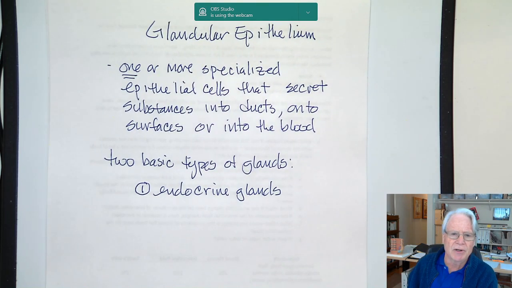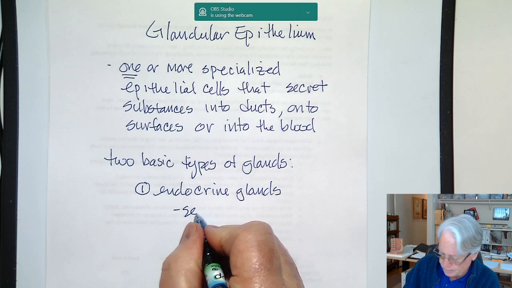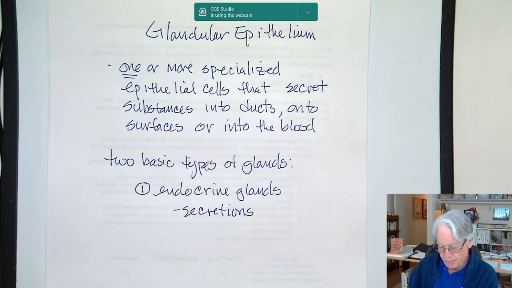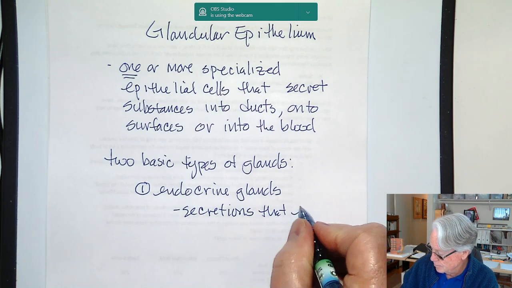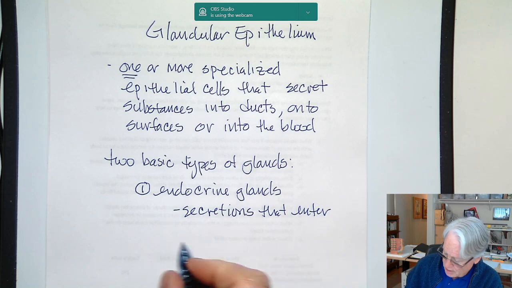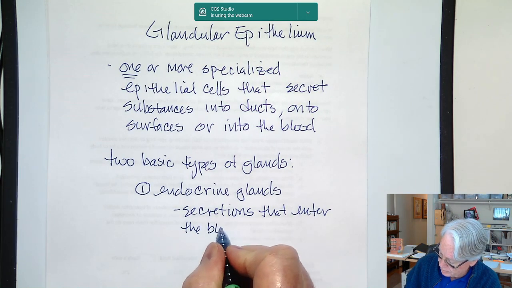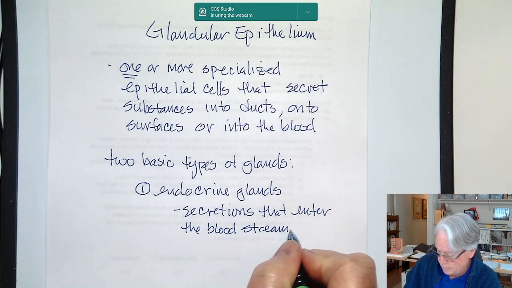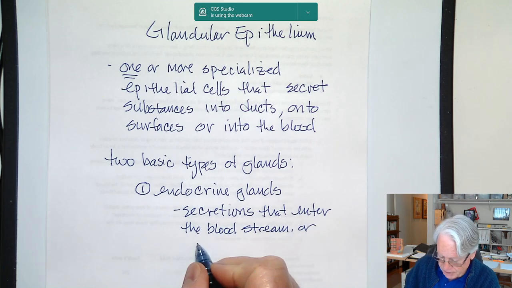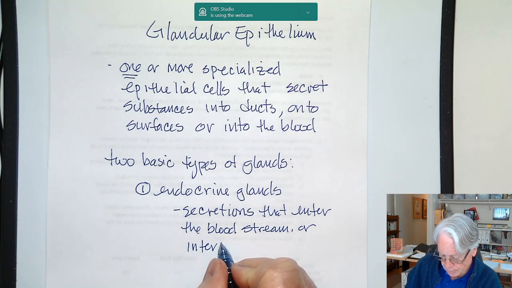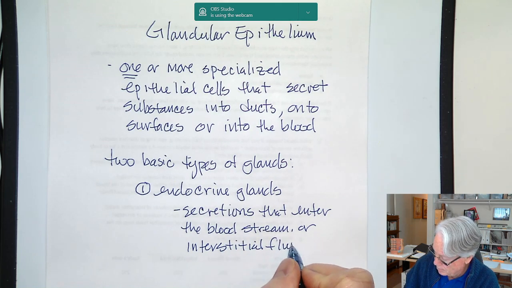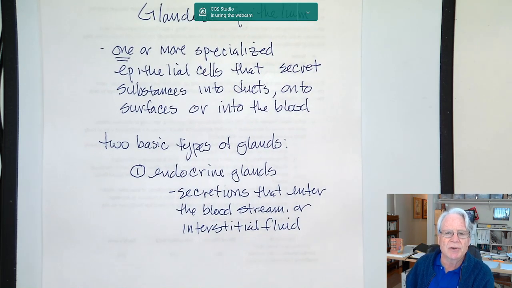Endocrine glands produce secretions that enter the bloodstream or interstitial fluid. Secretions that are going to enter the blood or remain in the interstitial fluid.